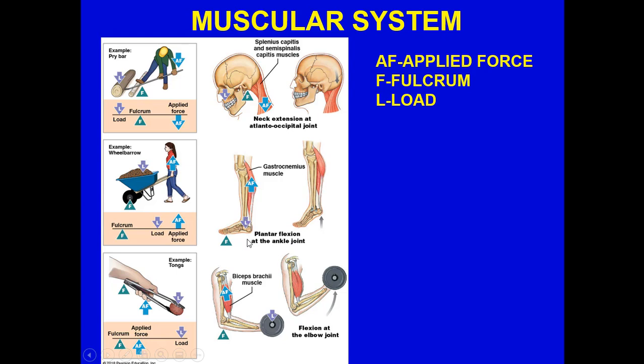Now, the load is right here. The applied force is up through here by the gastrocnemius muscle. As a result, it causes the change. As this muscle contracts, and notice that it is attached to the Achilles tendon here, which is attached to the calcaneus, it's going to cause a lifting force.